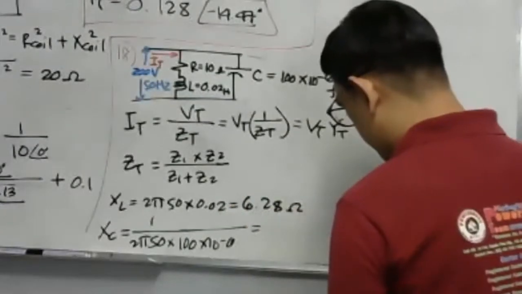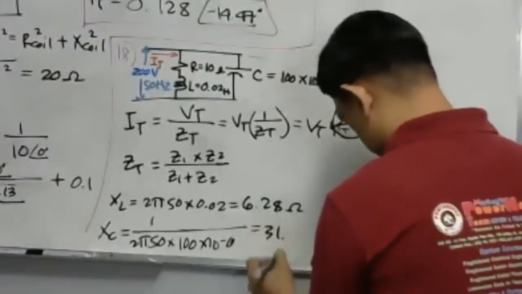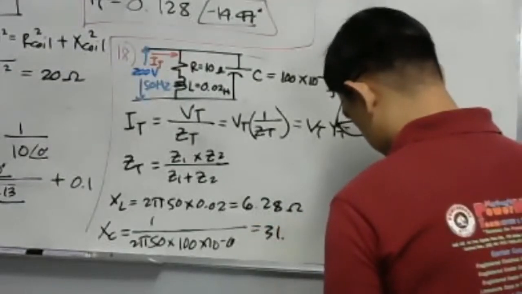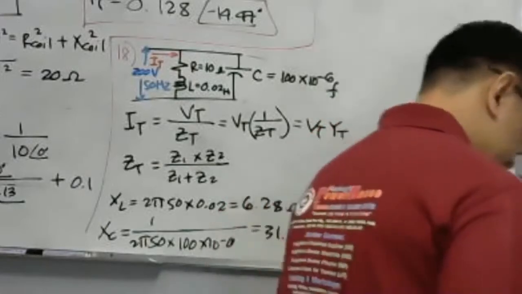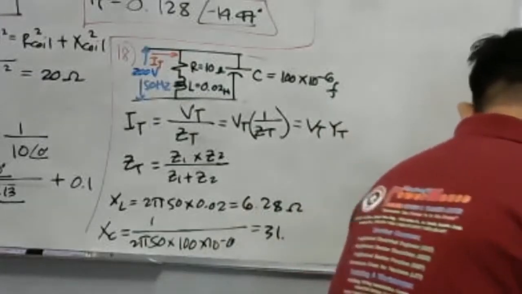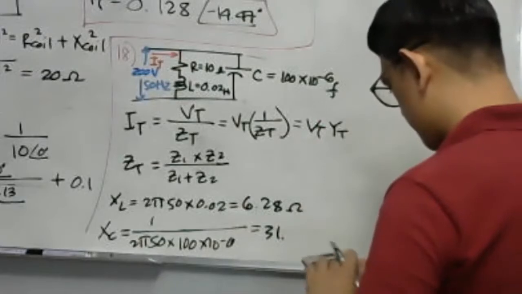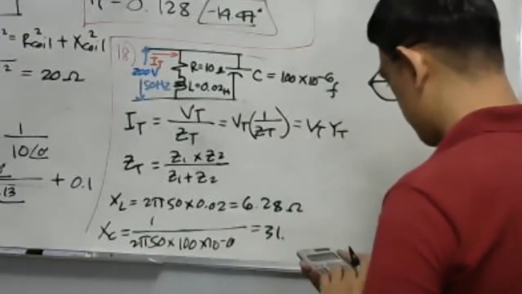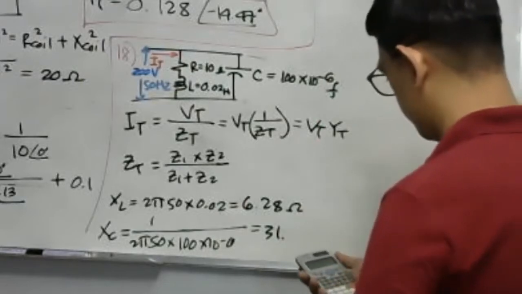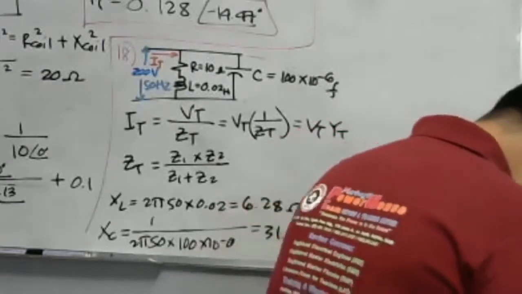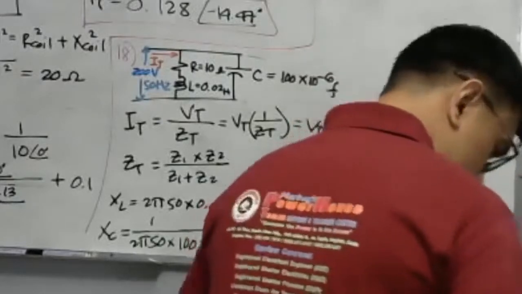For our X sub C, 31 point, is that 83? Let's calculate. 1 divided by 2 divided by pi divided by 50 divided by 100, the exponent negative 6, equals 31.83 ohms.